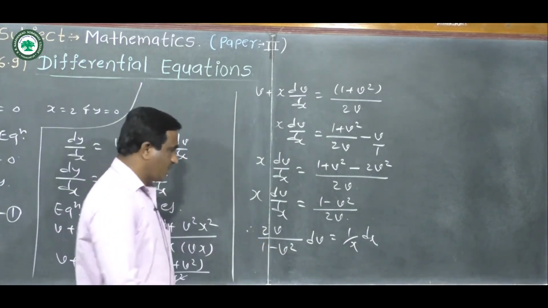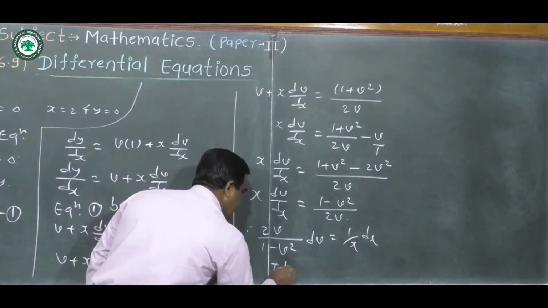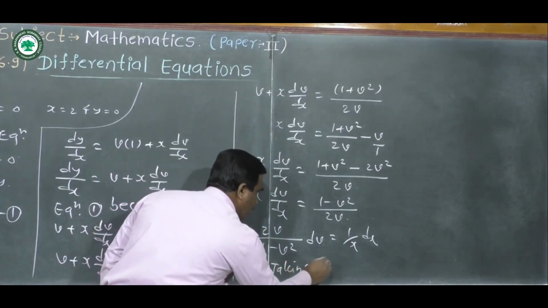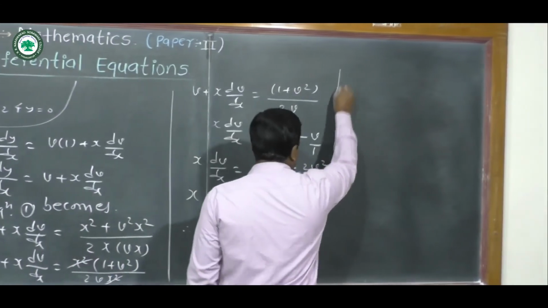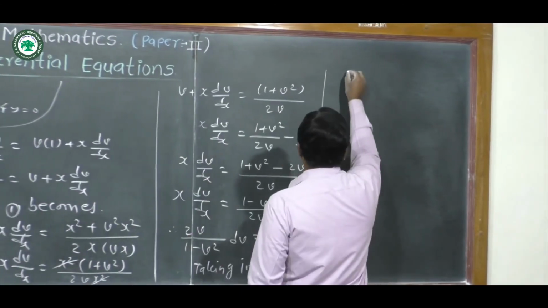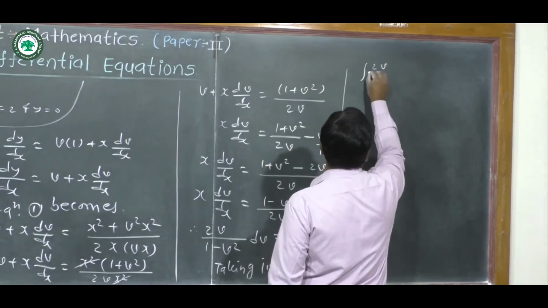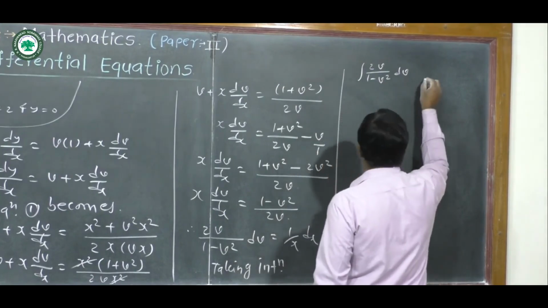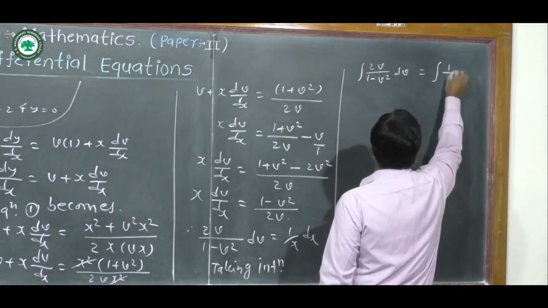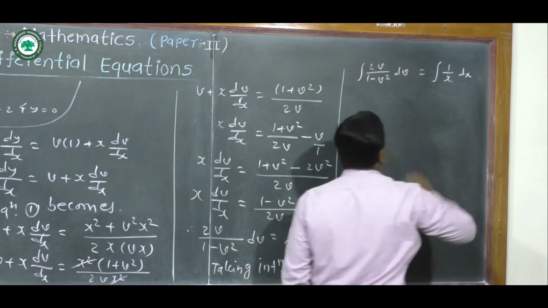Now taking integration on both sides, we can write here integral of 2v upon 1 minus v square dv is equal to integral of 1 upon x into dx.